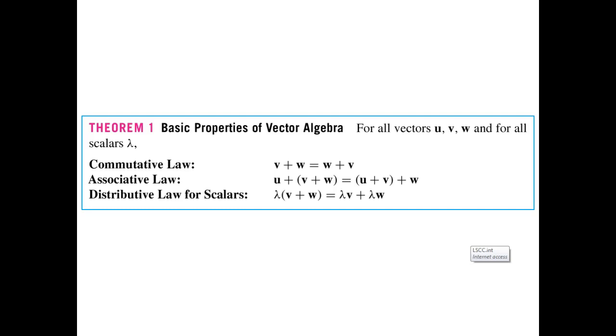Now, if you had a vector on the outside and the sum of two scalars on the inside, that would be just what you would expect. Let's say you have v out here and lambda plus mu in here. So v times lambda plus mu would be lambda v plus mu v. And so that would work that way too. But they didn't show you that, so don't worry about it.